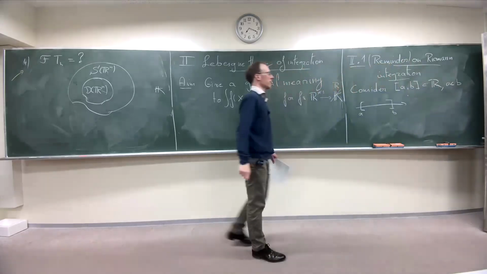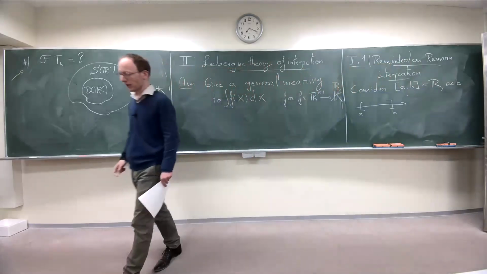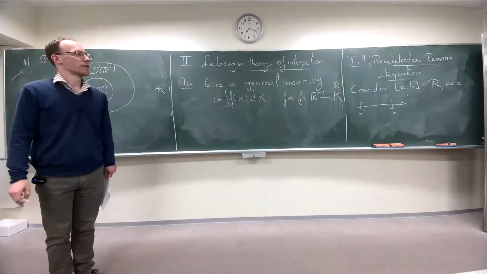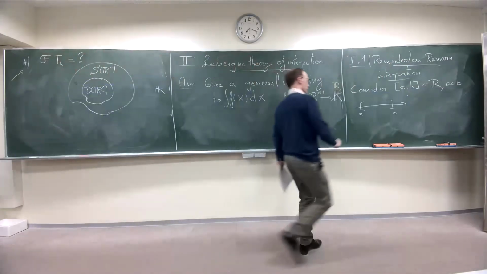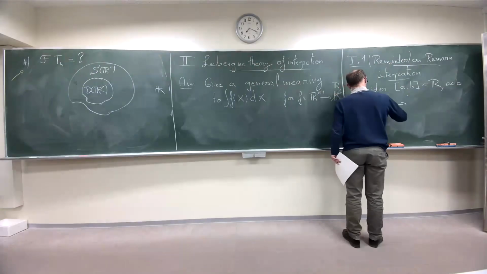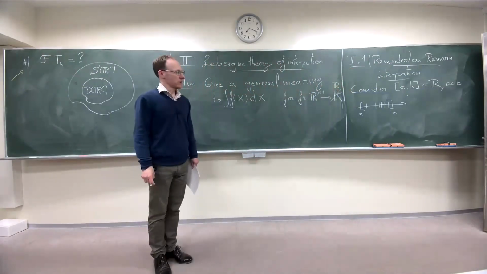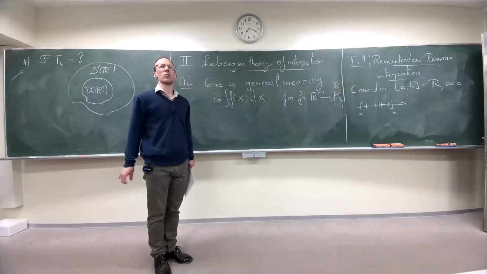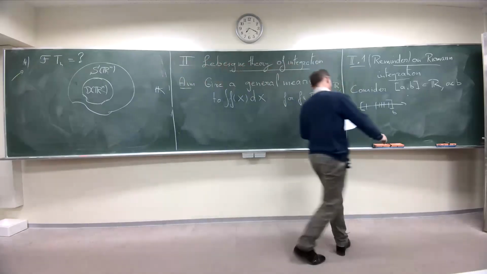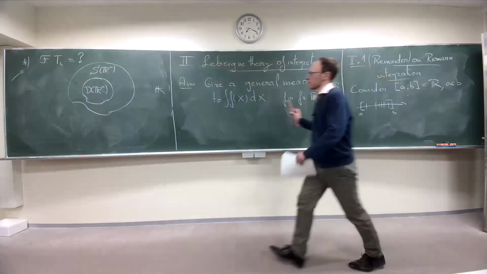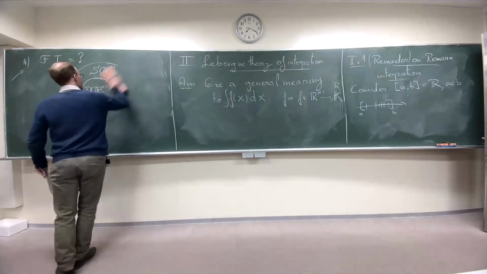I don't want to have an interval which is just 1 point. I'm going to subdivide it. So I'm going to divide this interval into smaller parts. This is called a partition. So I define an n partition.